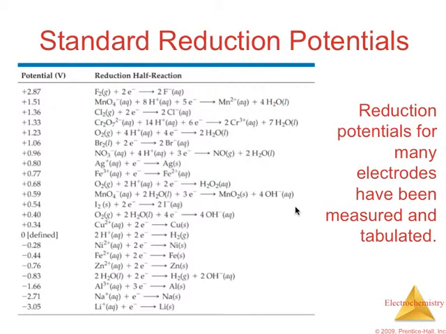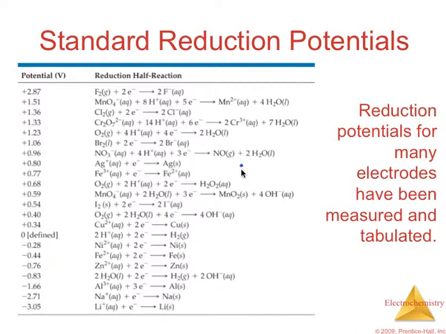And you will see standard reduction potentials for different half reactions. These are not things that you would need to memorize, but you need to know how to read a chart and predict what would happen.